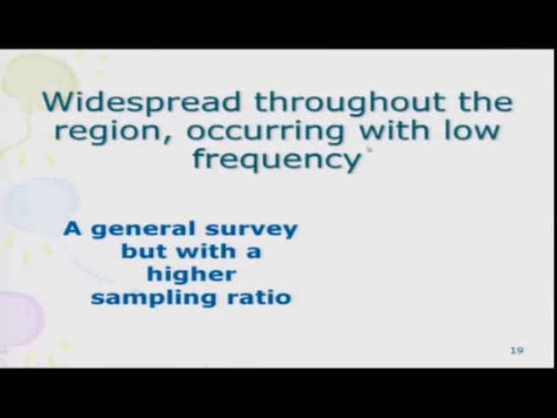If something is widespread throughout the region but occurring with low frequency, then a general survey with a higher sampling ratio will be required. If there is reasonable frequency, then a low sampling ratio will do. But if something occurs throughout the region with low frequency, then a higher sampling ratio will be required.